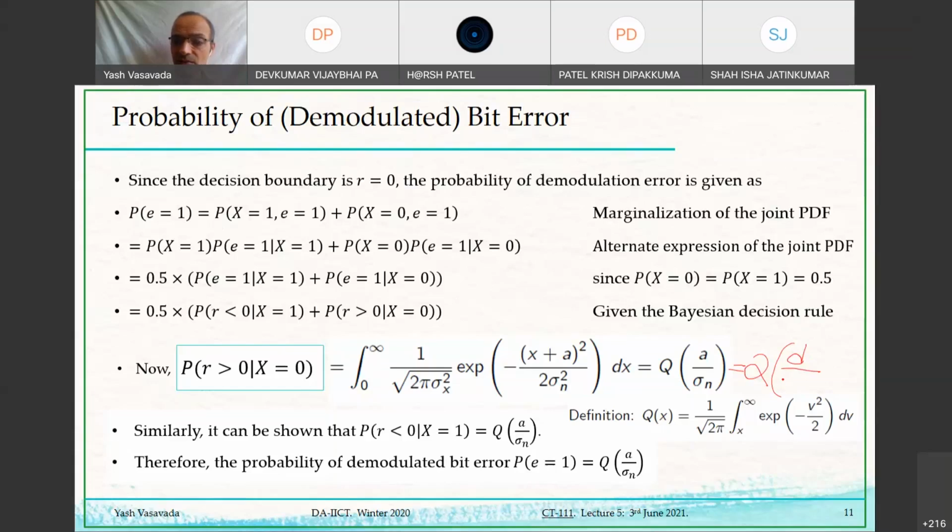But remember, A is half of the distance, so I can write it as D divided by 2 times sigma n. So if I do it this way, then I have removed the notation A here. And I'm firmly looking at what is the distance separation between the 2 symbols. Sometimes this view is going to be helpful to us. So remember this equation that I have written here.